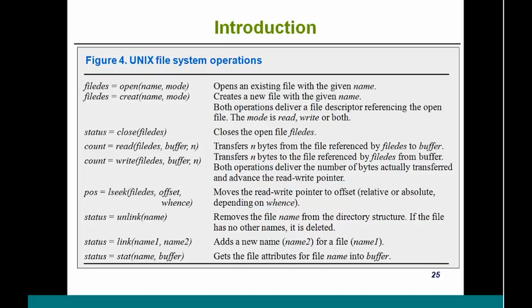Then we saw a soft link earlier. This is the hard link, link name1 name2. This adds a new name, name2, to name1. So again, it just provides another pointer to the same header information where name1 has it.